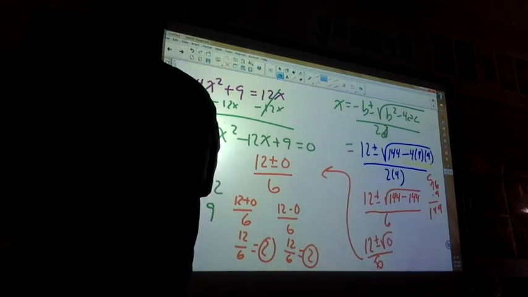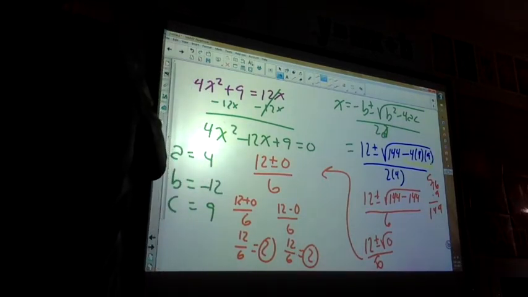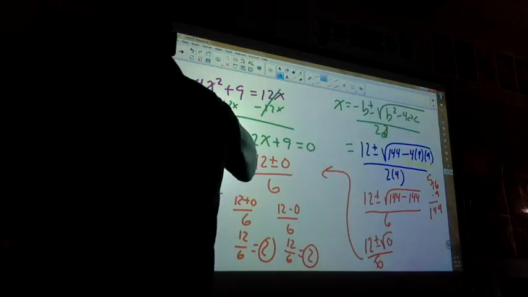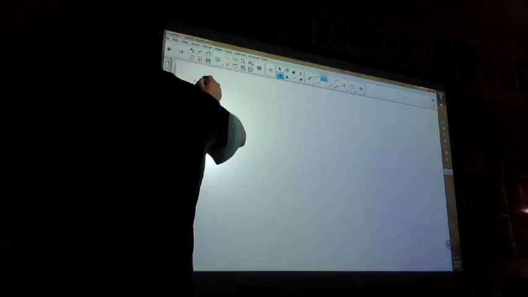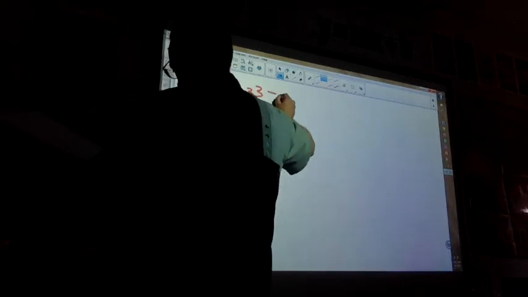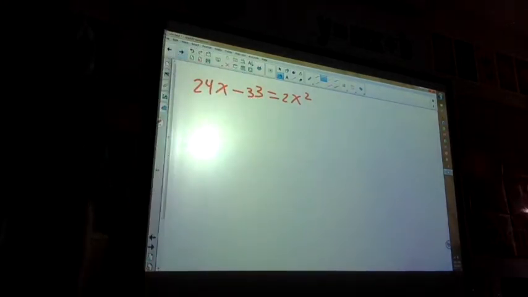All right, so problem number 12. I want it to equal 0, so what do I have to do?